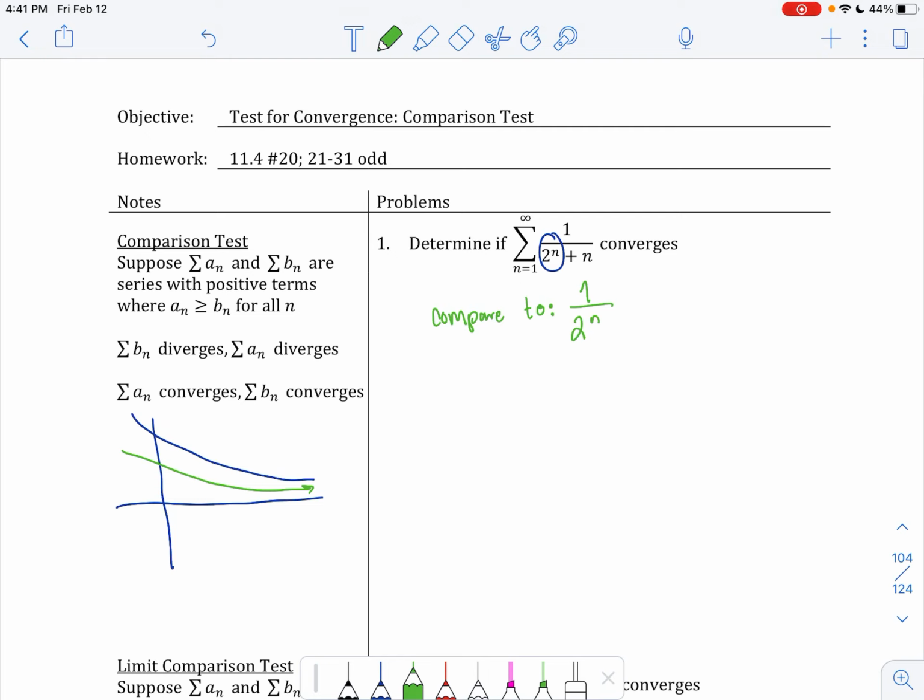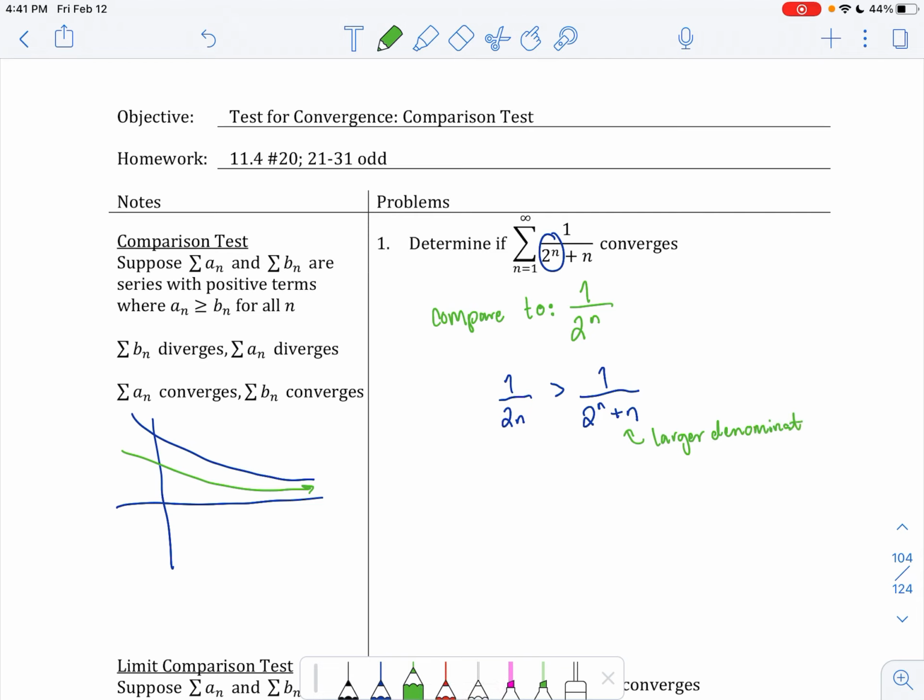Because it's got the plus n, but, you're like, okay, well, let's ask ourselves the question. So if I have 1 over 2 to the n, this is always going to be greater than, so this becomes the question then, what's the inequality? This is going to be greater than 1 over 2 to the n plus n because this one has a larger denominator.